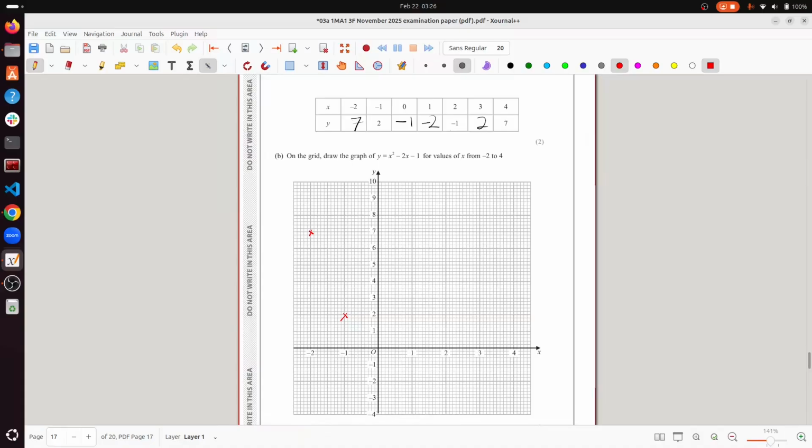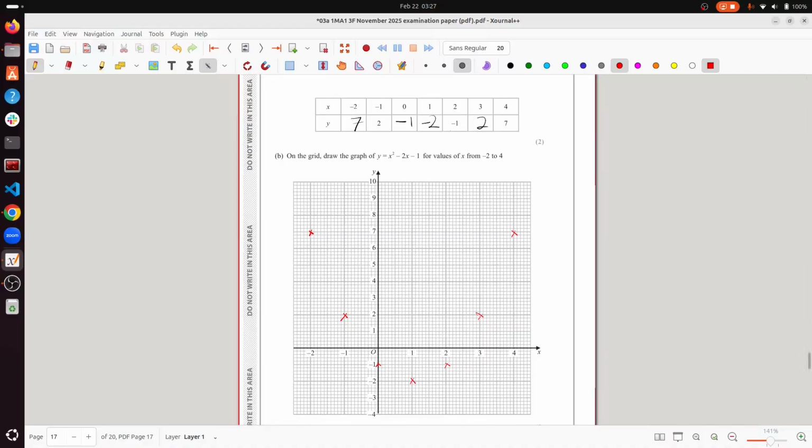When the value of my x is 0, the value of my y is minus 1. We have a point there. When x is 1, y is minus 2. We have a point there. When x is 2, y is minus 1. When x is 3, y is 2. And when x is 4, y is 7.